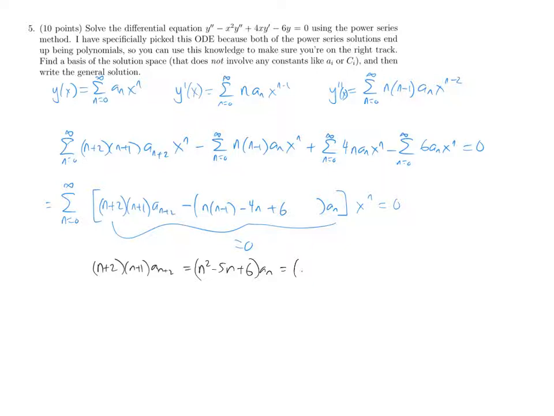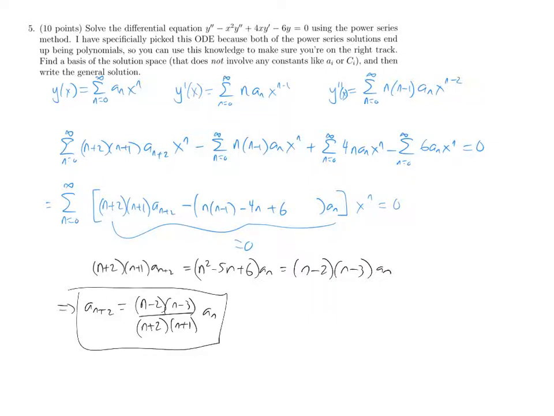So that is, what is that? n minus 2, n minus 3, a n. So that means that we get a n plus 2 equals n minus 2, n minus 3 over n plus 2, n plus 1, times a n. So there's the recurrence relation.